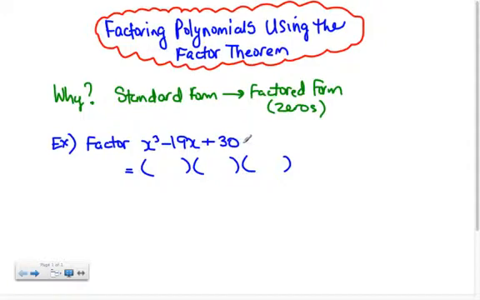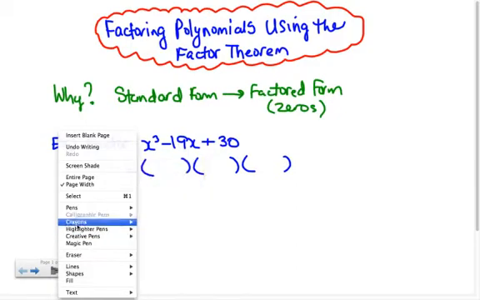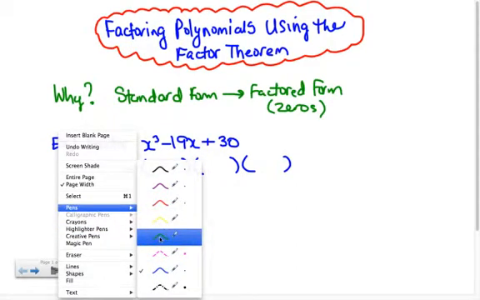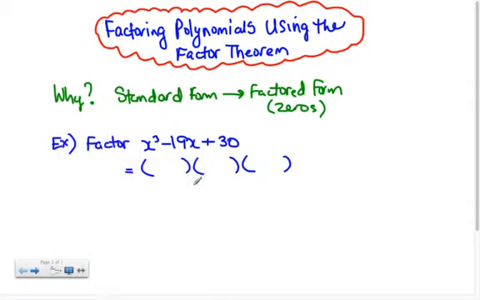But I don't want to use the factor theorem and sub in every single value that there is for x. What I do know is that, and we'll use a different pen for this, let's use purple, the value at the end of the first bracket and the end of the second bracket and the end of the third bracket are eventually all going to have to multiply together to give me this constant value in my polynomial.